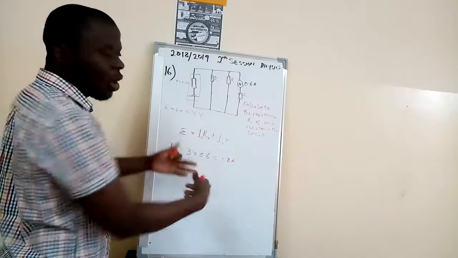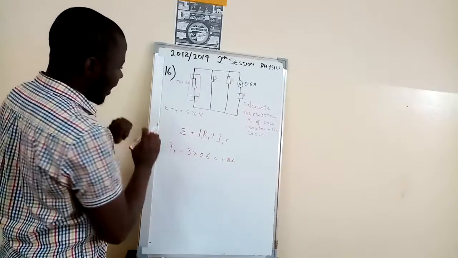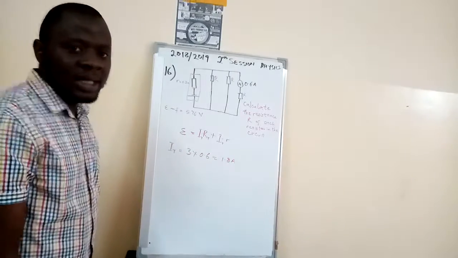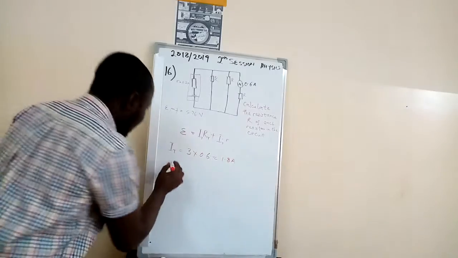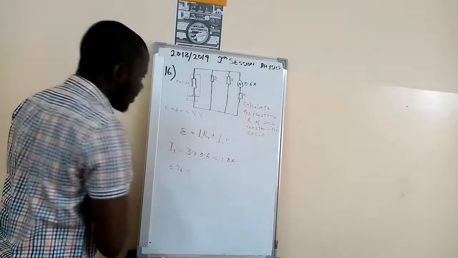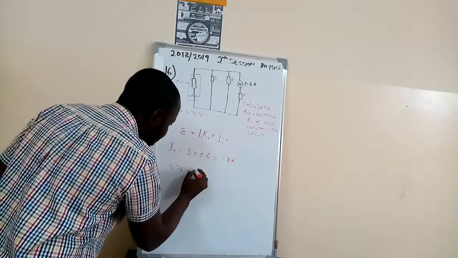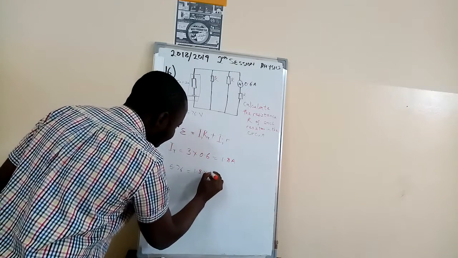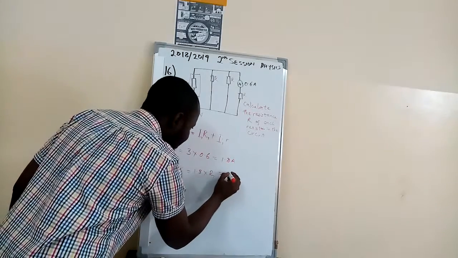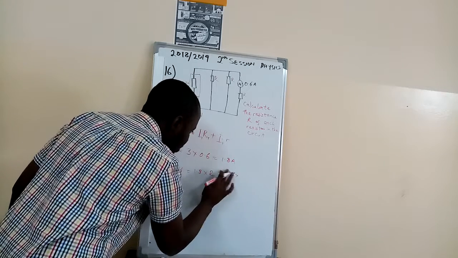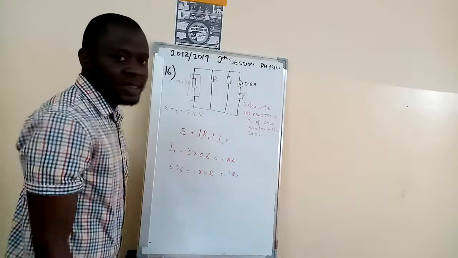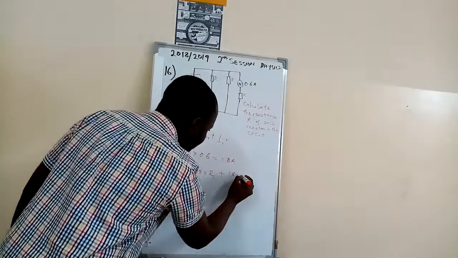Now, I can put all my values here. I have my EMF, I have my total current, I have my internal resistance, and I can easily find the total resistance. Now my EMF is 5.76, which is the same thing as my I total 1.8, multiplied by my total resistance which I don't know, plus 1.8 multiplied by the internal resistance 1.2.